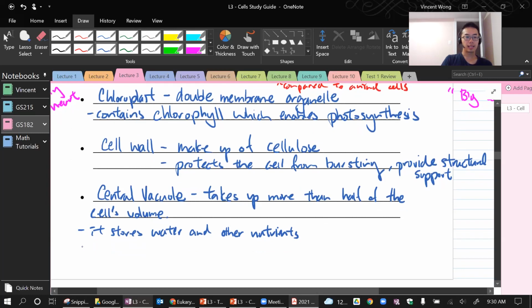In some cases, it can also store pigments, like colors for the flower petals, for example, or poisons for protecting the plants. Okay, so those are the three things.